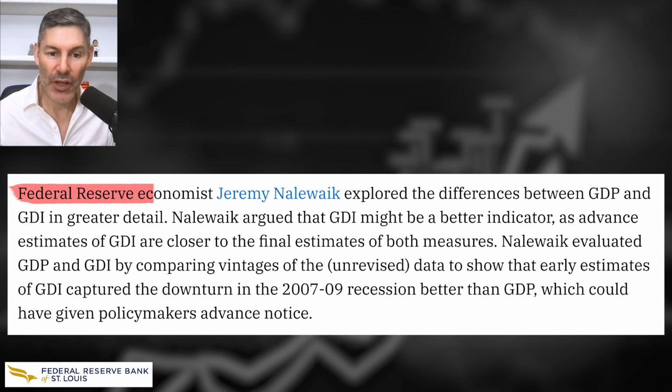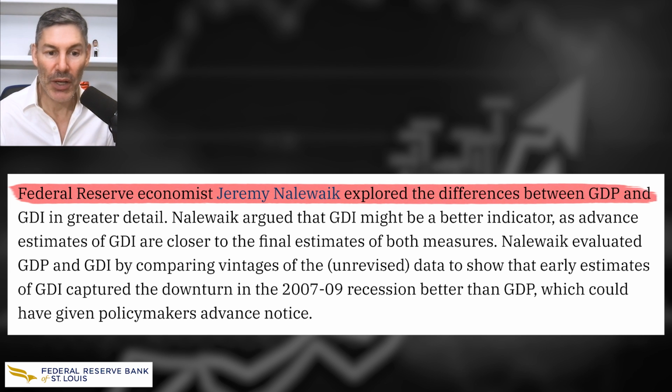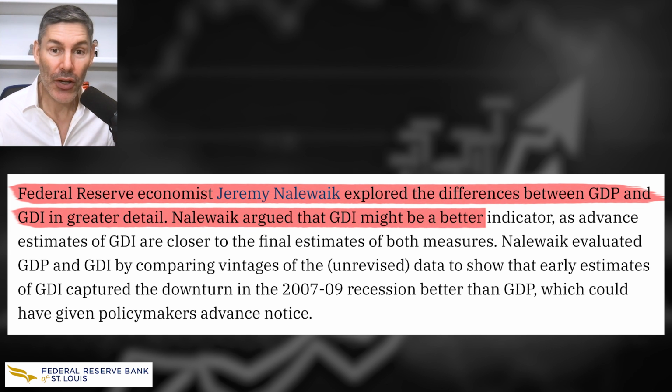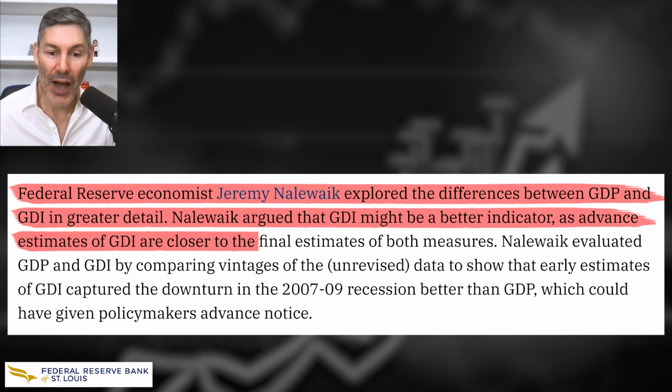Federal Reserve economist Jeremy Nowak explored the differences between GDP and GDI in greater detail. He argued that GDI might be a better, I repeat, better indicator, as advanced estimates of GDI are closer to the final estimates of both measures.